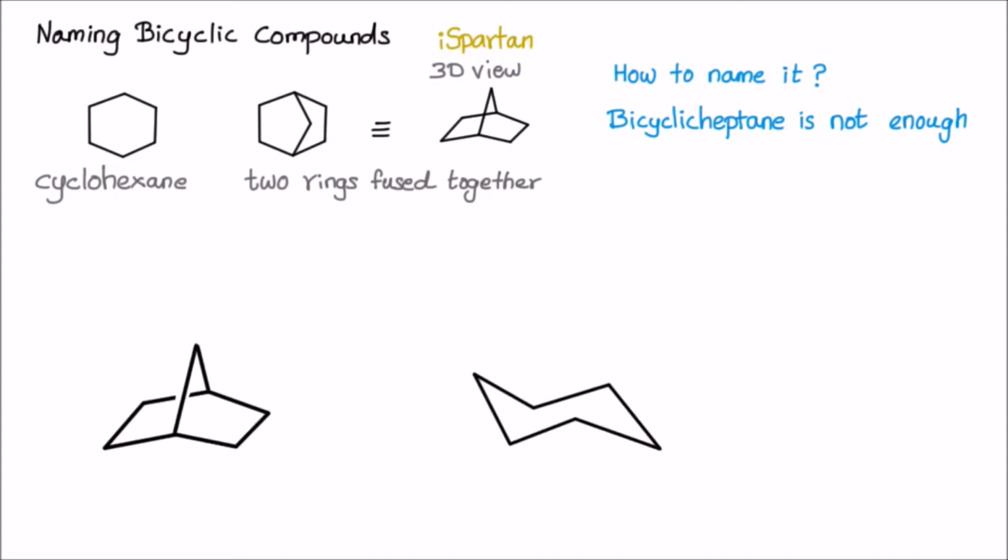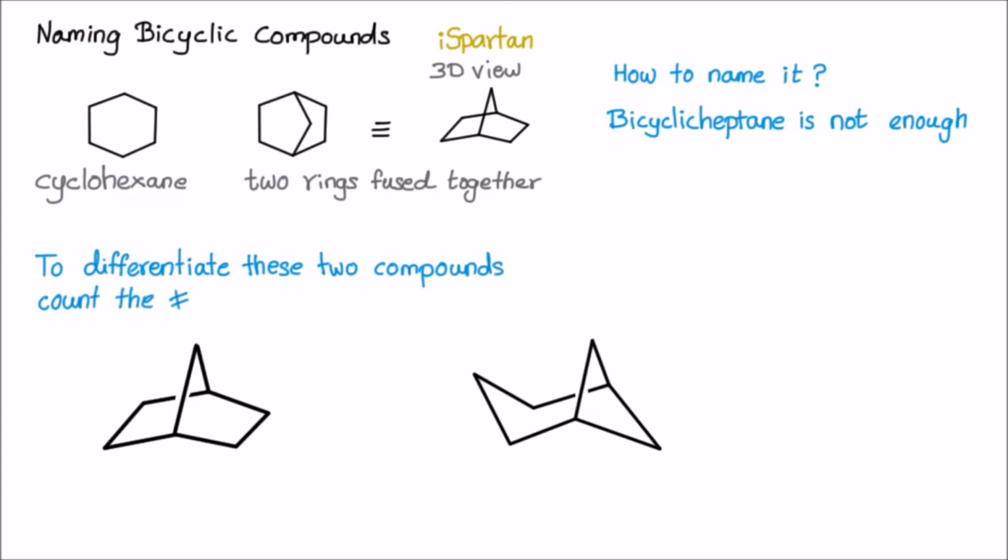Here is an example. Here is another example. They both have 7 carbon atoms, and in the first structure, the bridge is between carbon number 1 and 4. In the second structure, the bridge is between carbon number 1 and 3. To differentiate these 2 compounds, count the number of carbon atoms in each bridge.